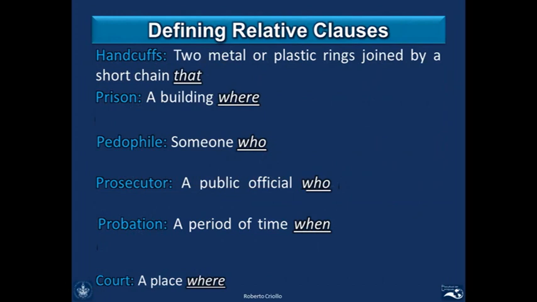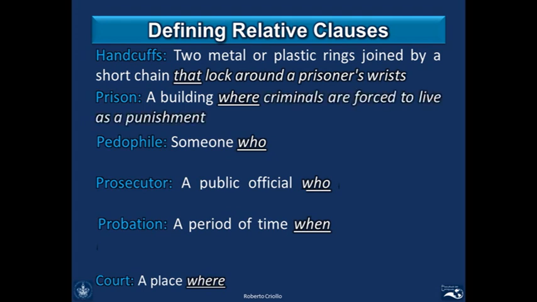In all of these examples, we will see the way in which defining relative clauses help us to provide important information about the subject. For example, when we define handcuffs as two metal or plastic rings joined by a short chain that lock around a prisoner's wrist. A prison is a building where criminals are forced to live as punishment for their crimes. A pedophile is someone who is sexually interested in children.